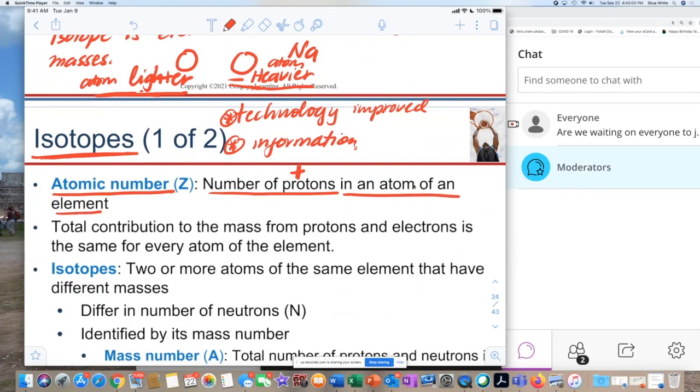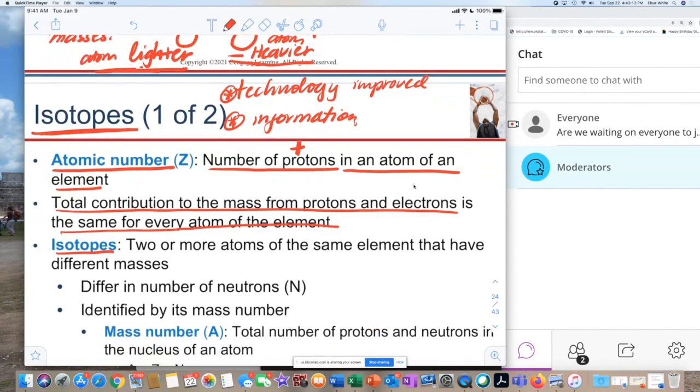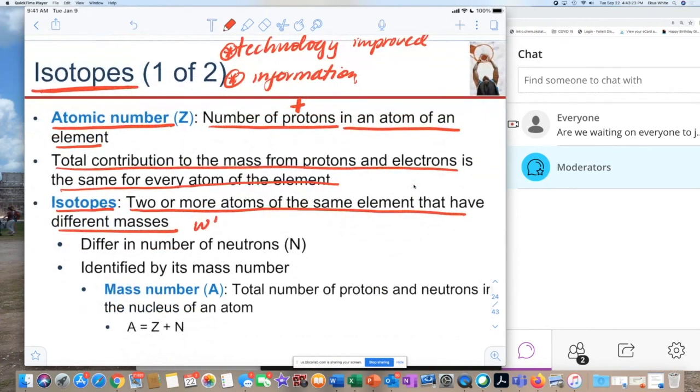And then we're told the total contribution to the mass from the protons and electrons is the same for every atom of the element. Okay? But what are isotopes? Isotopes are two or more atoms of the same element that have different masses. So you would think they're the same, but they have different masses. So the question is why? What makes the masses different?